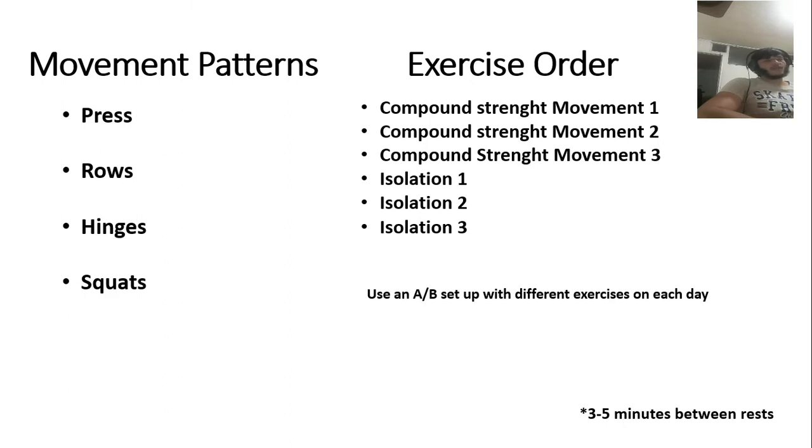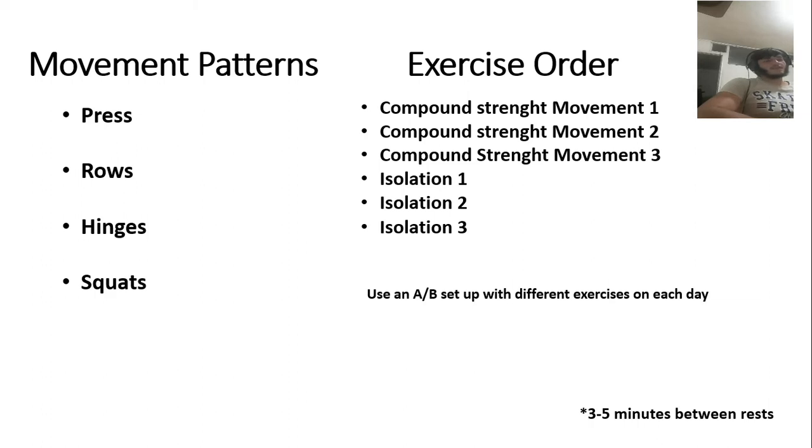When it comes to the exercise order, we're gonna start with the compounds that we're gonna go for on that given session. It could be 2, it could be 3, that depends on how you are splitting things up. But we start with the compounds, we then go on to the isolation work. It could be 2, it could be 3, again, it depends on how you are splitting things up.